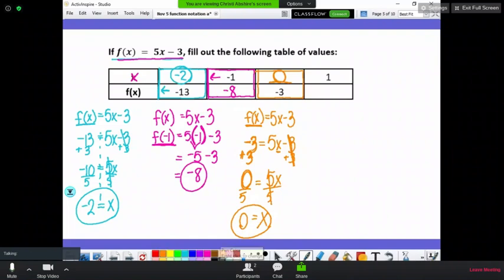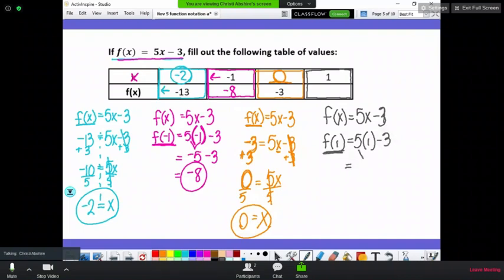Now, another one. On this last box, I have x. I do not have f of x. So copying the function rule again, I'm going to replace x with 1. And since there isn't really anything to do on this side, the only thing I can do is the right-hand side. 5 times 1 is 5.